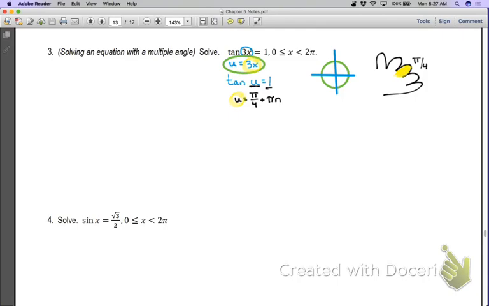Now I can basically rewrite everything, and I can have 3x equals pi over 4 plus pi n. So how am I going to get x by itself? Divide by 3.